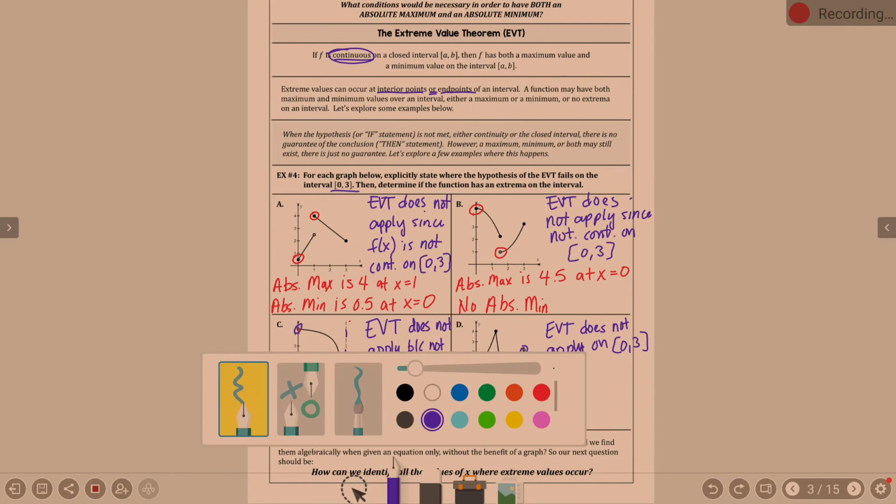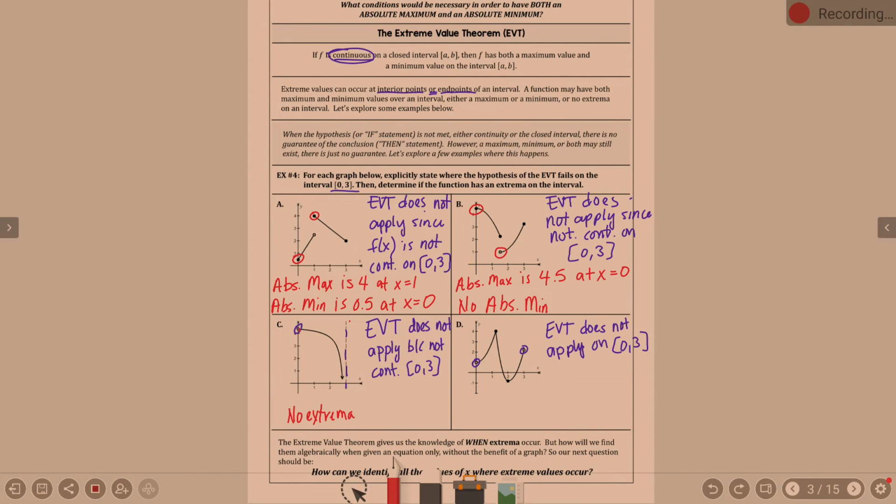Do we have some absolute maxes and mins this time? We actually do, don't we? Absolute max where? Or absolute max of? Absolute max is 4 at x equals 1.